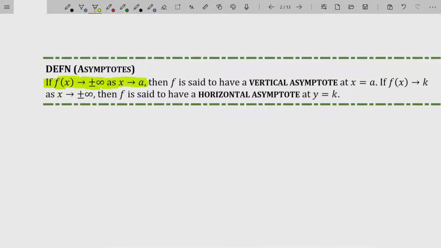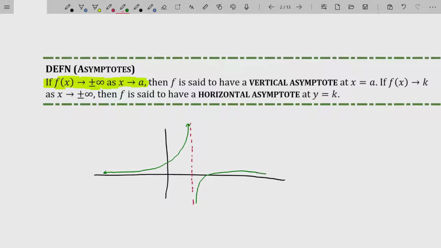To really put this into perspective, let's just take a look at a random rational function. I'm just going to randomly draw one here. Let's pretend that we have a rational function that looks like this. And then I'll put in a little dashed red line there. And I will have maybe on the other side something like this.